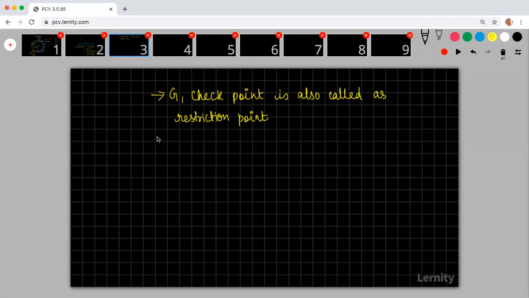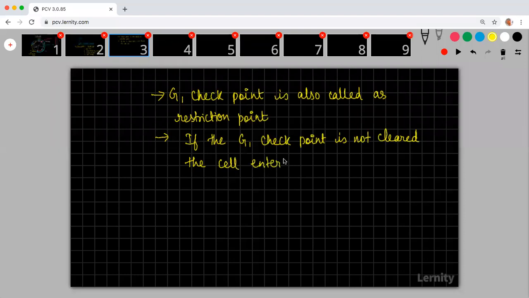If the G1 checkpoint is not cleared, the cell enters G0 stage. It enters G0 stage.